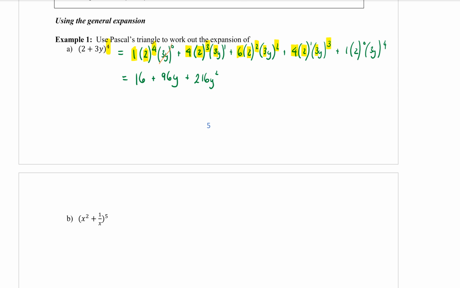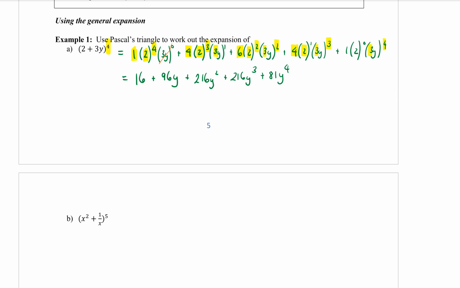That is also 216, and we have y to the power of 3. And for the last term, the 2 to the power of 0 doesn't do anything. The 1 is not really going to do anything. We just need to find out what 3 to the power of 4 is, which is 81. And we still have the y to the power of 4. So that has been expanded and simplified.